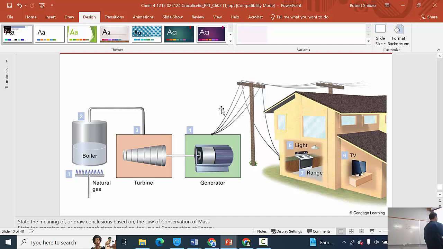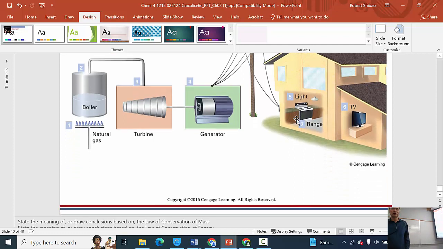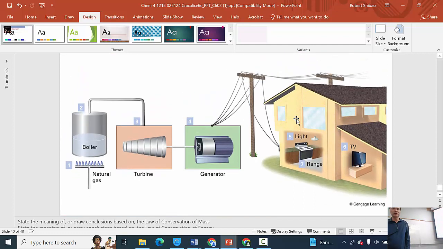All the energy, let's say you generate electricity, eventually all that energy ends up as heat. Heat is what we call the least useful form of energy. But all the energy is still there.